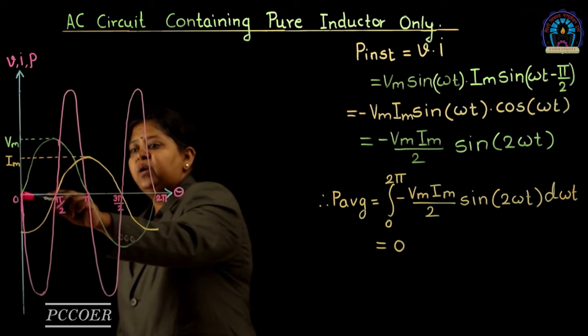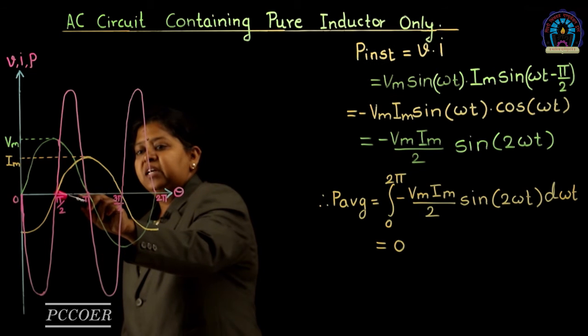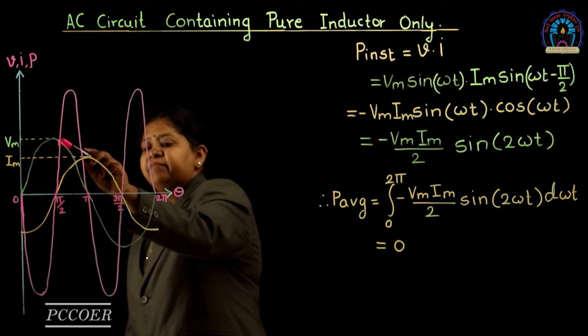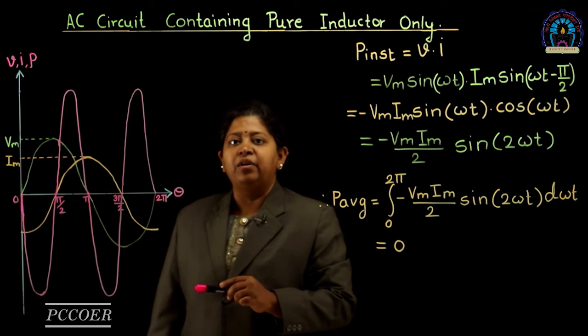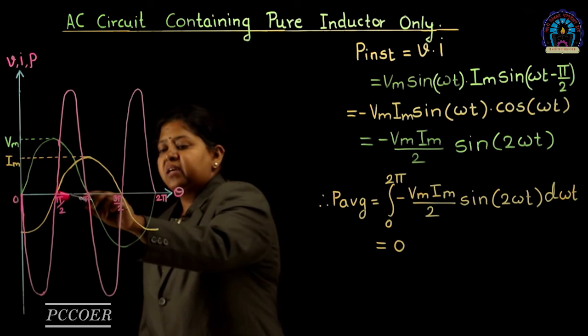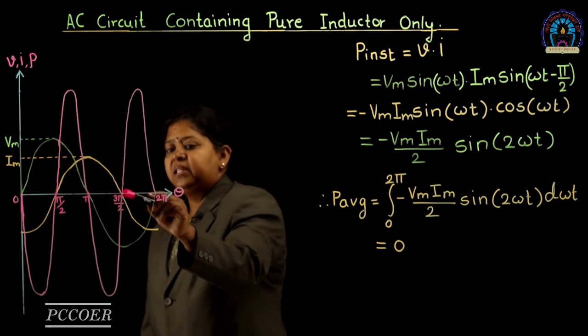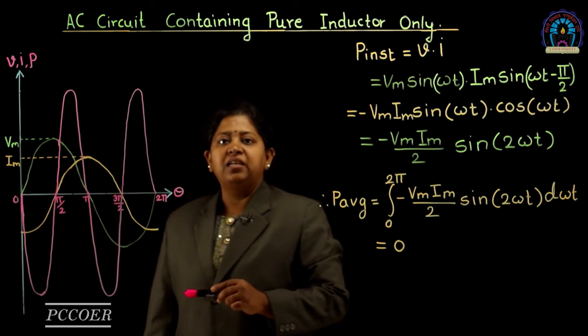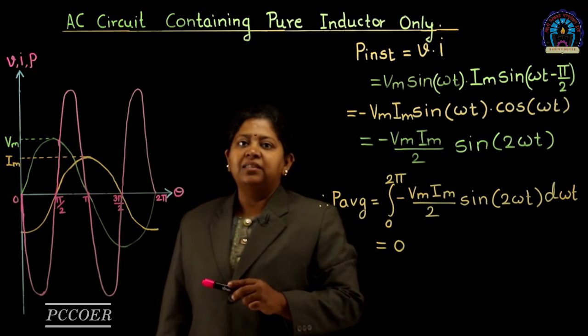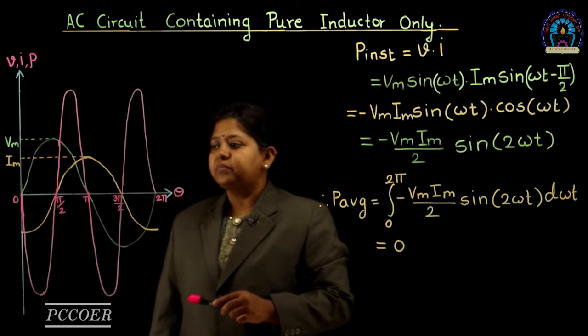So, the product of voltage and current, that is power, is equal to 0 at this instant. Again at pi by 2, current is 0, voltage is positive maximum, but the product will be 0. So, power supplied to the inductor will be 0. Same thing is going to happen at pi, 3 pi by 2 and 2 pi, where either voltage or current is 0 and hence the product, that is power, is 0.